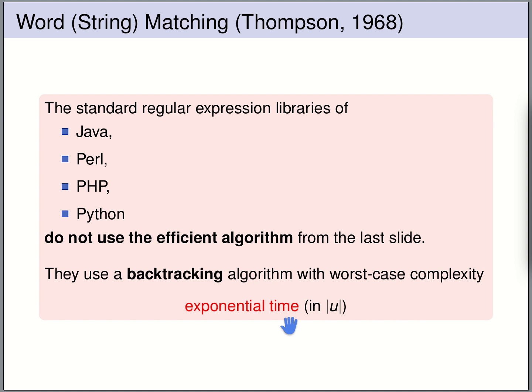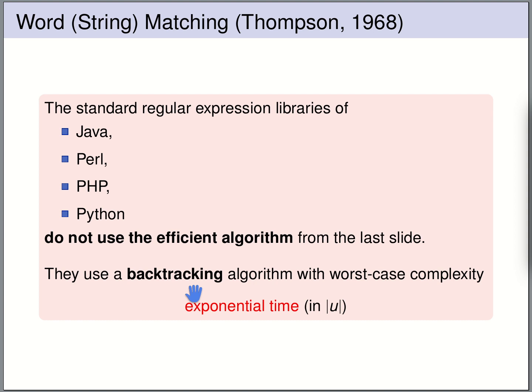That means that the running time of the algorithm in worst case increases exponentially with the length of the input string. And again, an exponential increase of the running time is something very bad. Luckily, these backtracking algorithms that are used there usually perform quite okay. So these exponential cases are rare. Nevertheless, the Thompson word matching algorithm is usually much faster, and it avoids this exponential blowup.